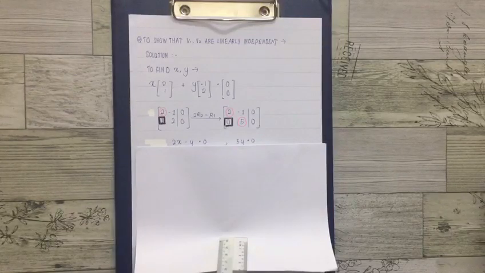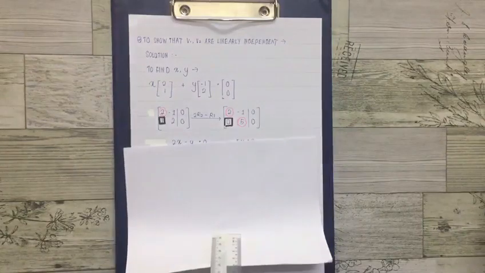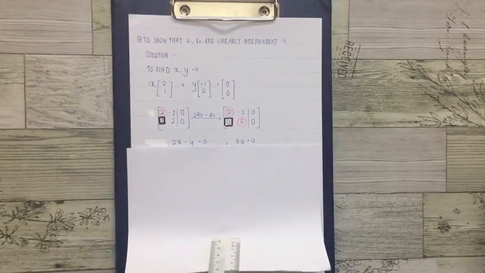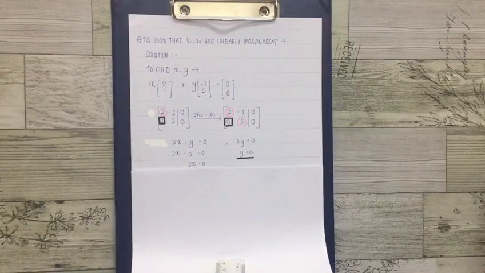First, we find y: 5y equals 0. Then we get y equals 0. Then for the first row, 2x minus y, we substitute y into the equation and it becomes 2x minus 0 equals 0, and we get x equals 0.